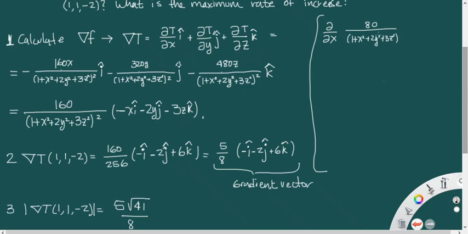Okay, here we have a constant value, so we can move the constant to the left, and let's say we have now 80 times the derivative with respect to x of 1 over 1 plus x squared plus 2y squared plus 3z squared. Okay, so now we have that function.